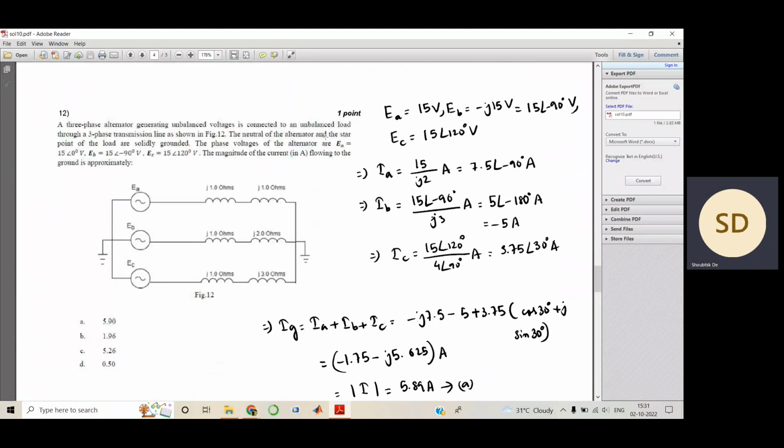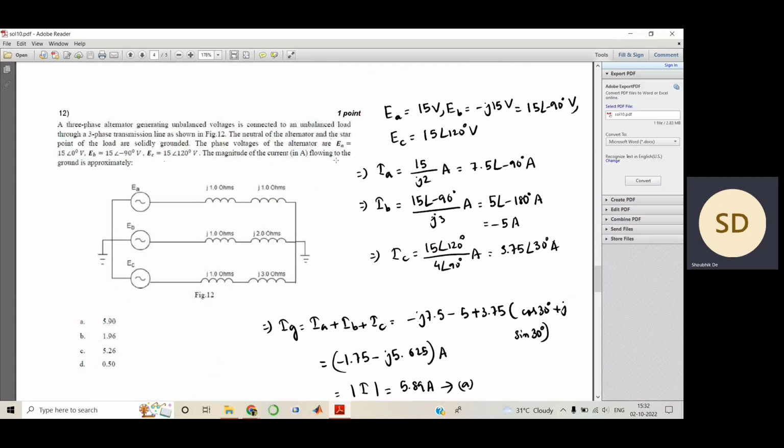The neutral of the alternator and the star point of the load are solidly grounded, as you see here and here. The phase voltages of the alternator are EA 15 at an angle of 0, EB 15 at an angle of minus 90, and EC 15 at an angle of 120, right? So clearly these are unbalanced voltage components, and they have also mentioned it.